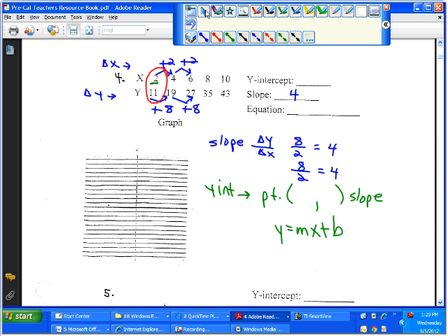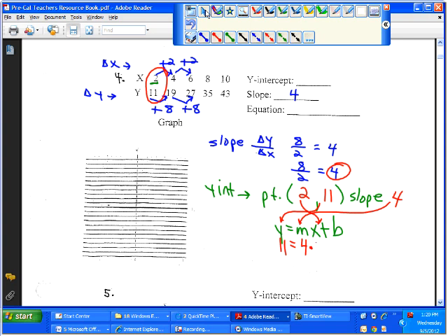So we're just going to pick one of the points. The first one is (2, 11). And the slope, which we've already figured out, is 4. And we're going to plug those in. So we're going to take the y and put it in place of y, 11. Slope, put it in place of m, 4. Parentheses next to it means multiply.